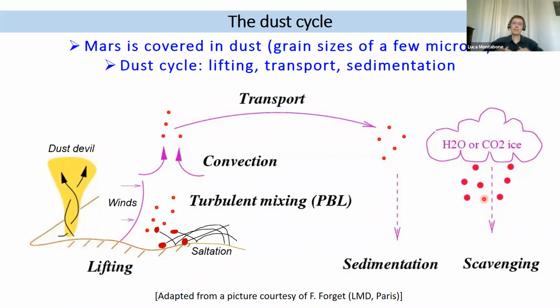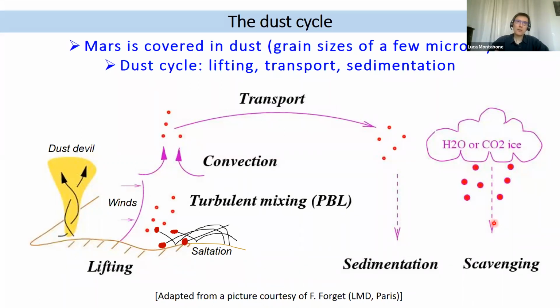Then the ice particles sediment and evaporate, and the dust comes back to the atmosphere. So scavenging is an effective way to take some dust particles out at different levels, but it is not making the dust particles disappear from the atmosphere. So this is the dust cycle.